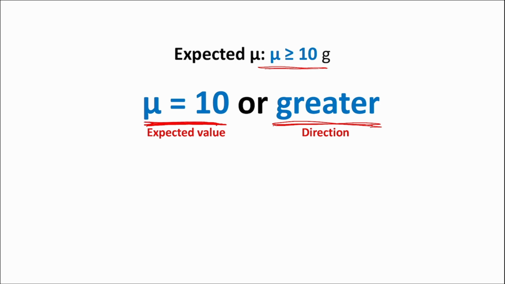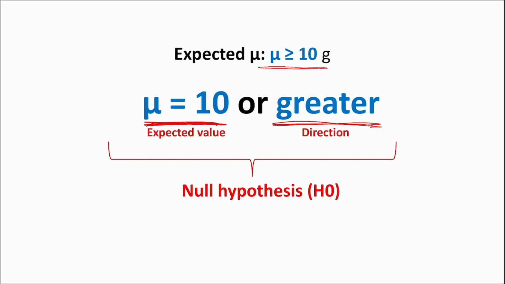When we calculate the t-score, we always use the expected value. And when we calculate probability, then we use the direction. This assumption, together the expected value and the direction, is called a null hypothesis, and it's usually denoted by H0. That's our default hypothesis, our default assumption about our population.